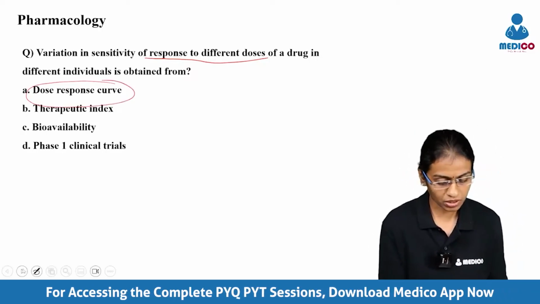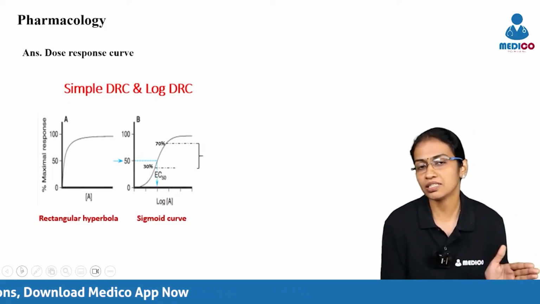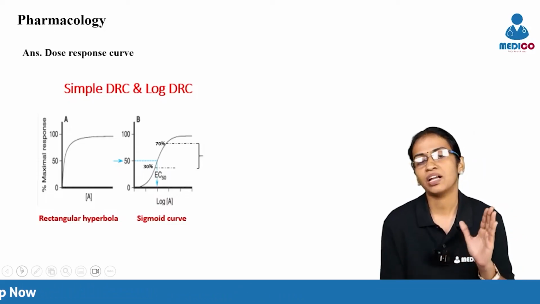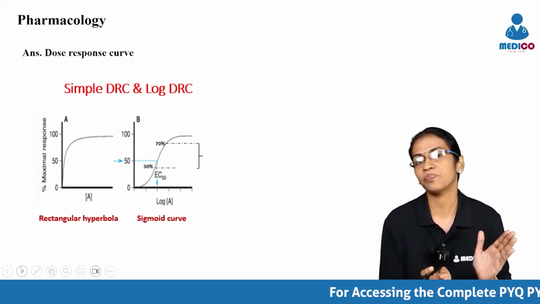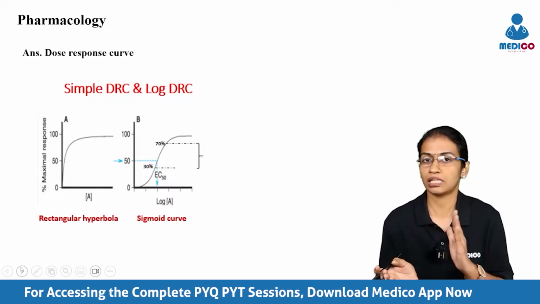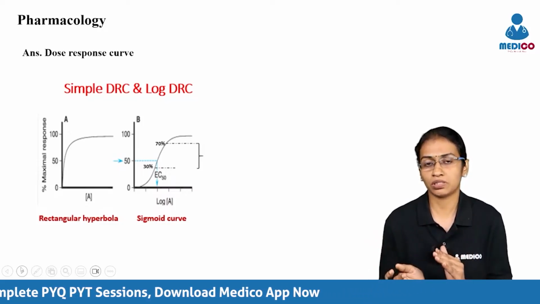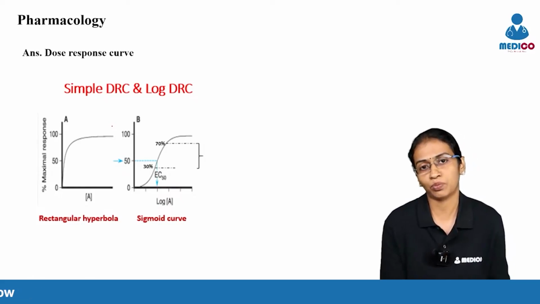So what are the different types of dose response curve? We have a simple DRC and log DRC. Simple DRC is where we are plotting the dose against the response, whereas log DRC is where we are plotting the logarithm of the dose against the response. Why are we doing this? If we do a simple DRC, we get a rectangular hyperbola.